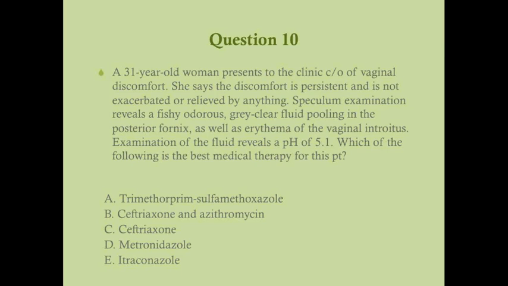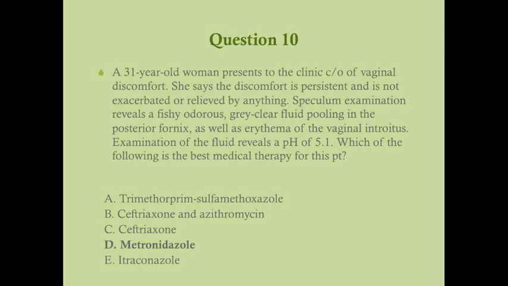And since we already know it's bacterial vaginosis, you should know the answer here is going to be metronidazole. So trimethoprim sulfamethoxazole is our go-to drug for urinary tract infections, assuming the patient isn't allergic. Ceftriaxone and azithromycin would be in the case that the patient has gonorrhea or chlamydia, which is urethritis but can also be a cervicitis and present in a similar way.